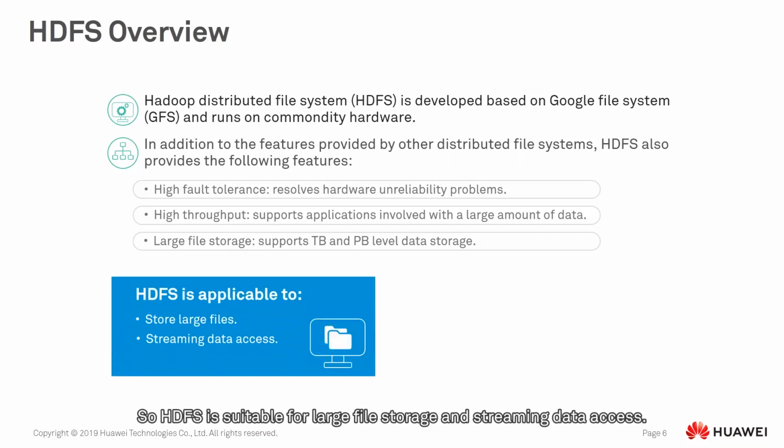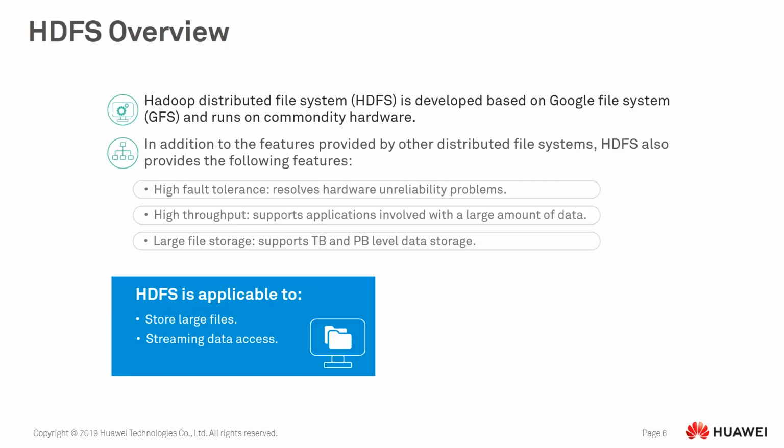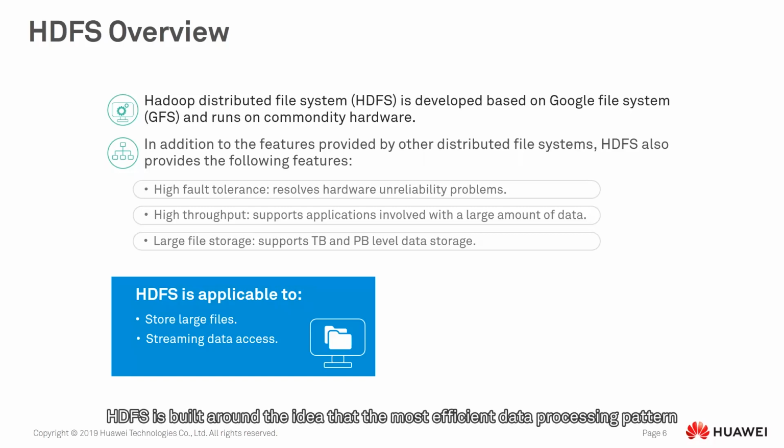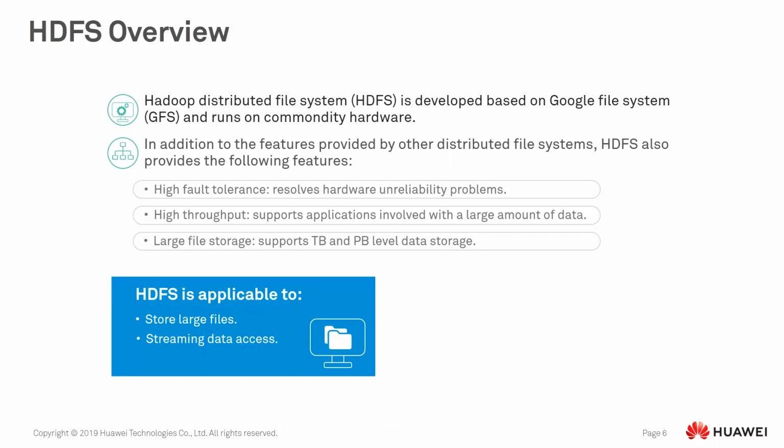So HDFS is suitable for large file storage and streaming data access. Here, streaming data access means that access to data files is handled in a streaming manner. HDFS is built around the idea that the most efficient data processing pattern is a write once, read many times pattern.